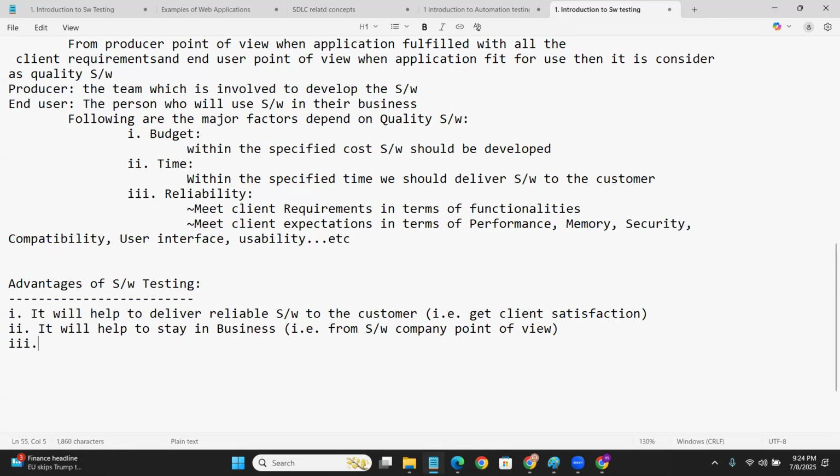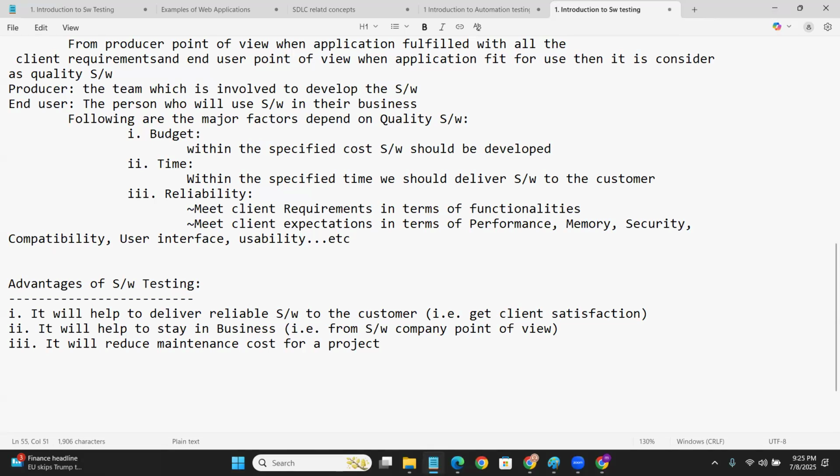The third point: it will reduce maintenance cost for a project. What is the meaning of maintenance cost?